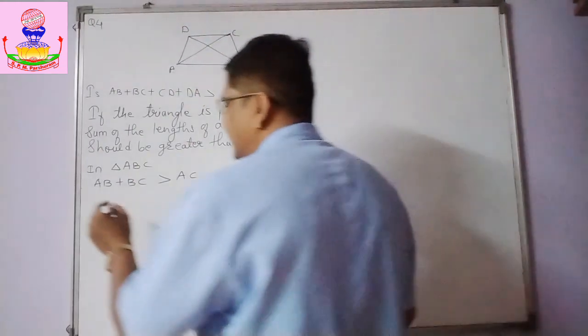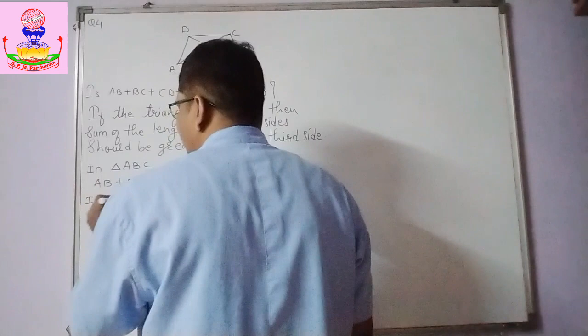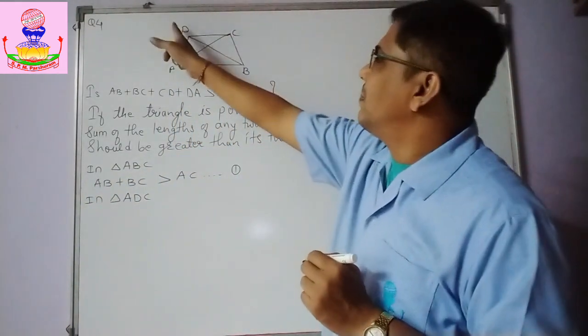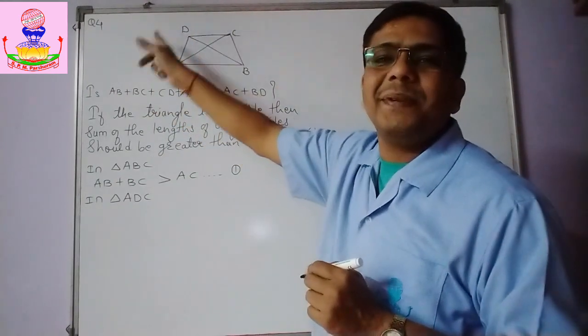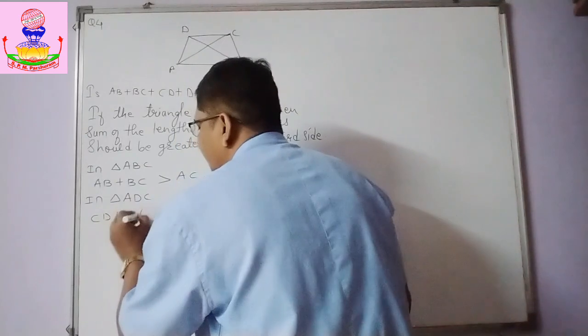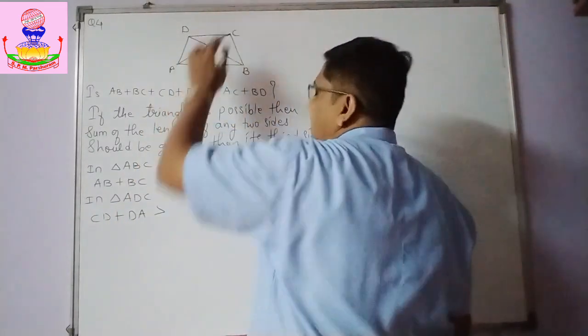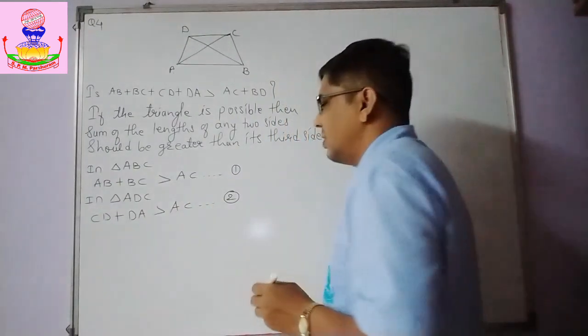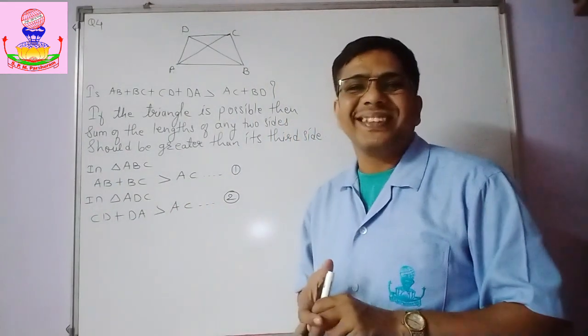In triangle ADC, CD plus DA is greater than again AC. Okay, this is the second step.